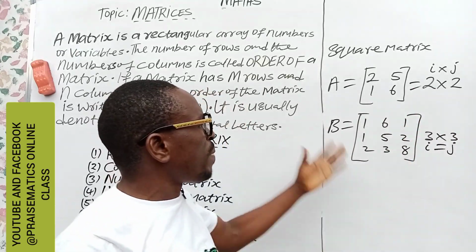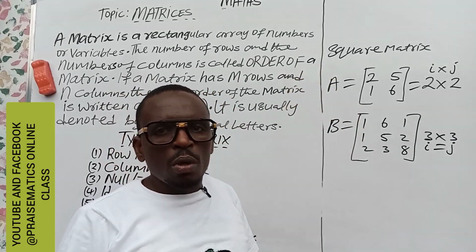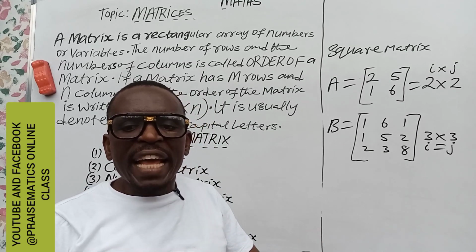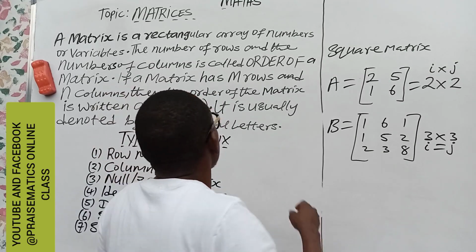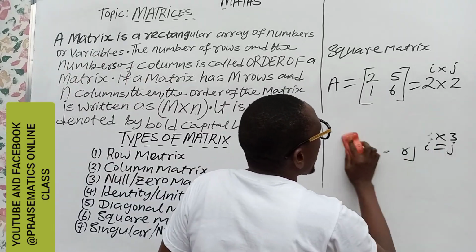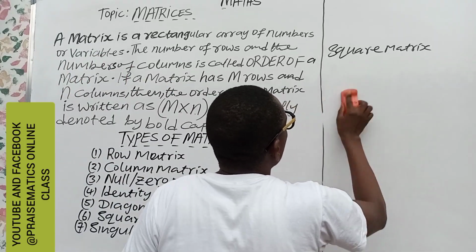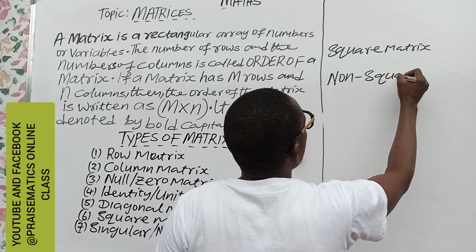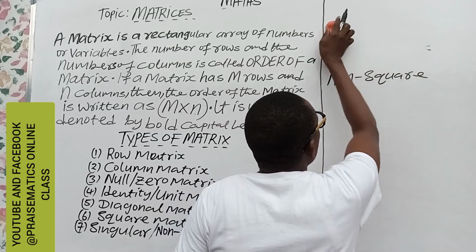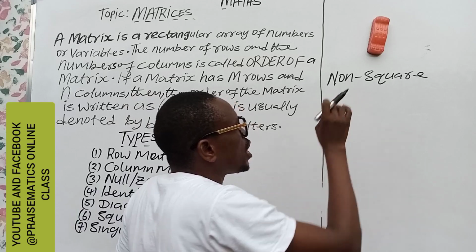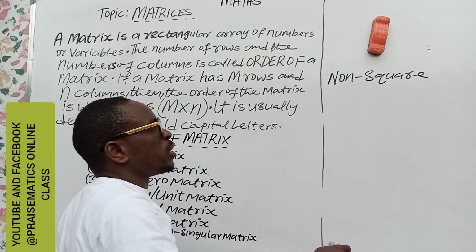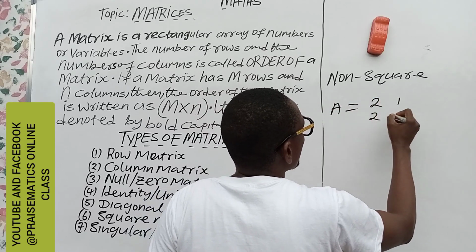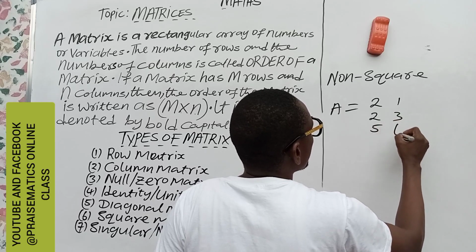Non-square matrix is a type of matrix in which the number of the rows are not equal to the number of the columns. In other words, i is not equal to j. Example, let's just have A equals 2, 1, 2, 2, 3, 5, 6.